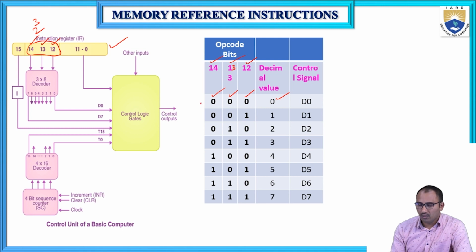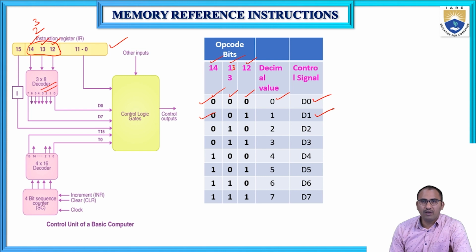When all the inputs to the 3/8 decoder are zeros, it will generate a control signal D0. The next sequence is 001. When the input combination is 001, the 3/8 decoder will generate a control signal D1.